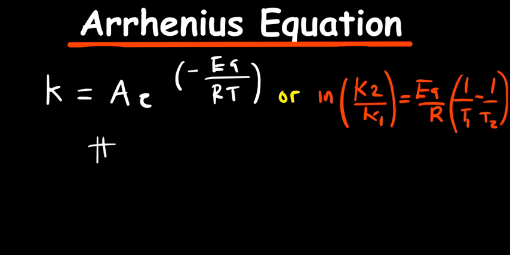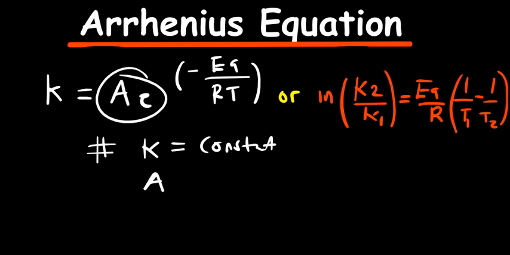Now what are some of these things? What is K in this case? K, we know that it is a rate constant. Then A, from the first equation, is what we call the pre-exponential factor.